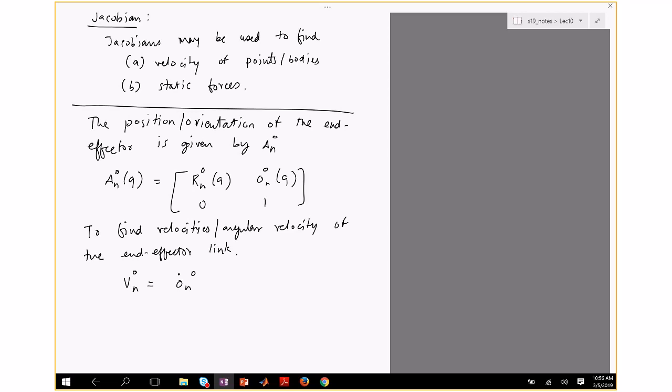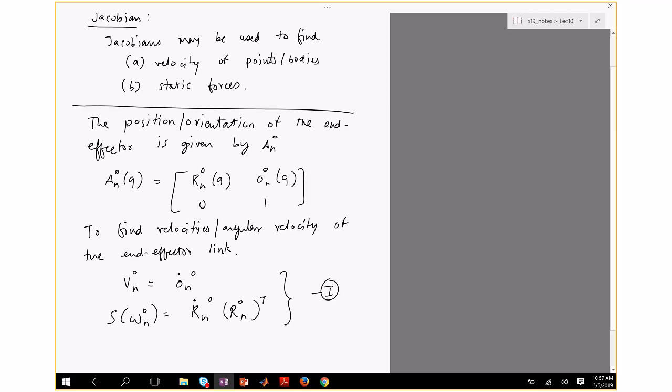and that O_N^0 is going to be a function of q, that is the various joint angles. Just find the derivative of O_N, the three elements there in the fourth column, and then you have V_N. And if you want to find omega_N, it's a little bit more complicated. It is omega_N^0 equals R dot R transpose.